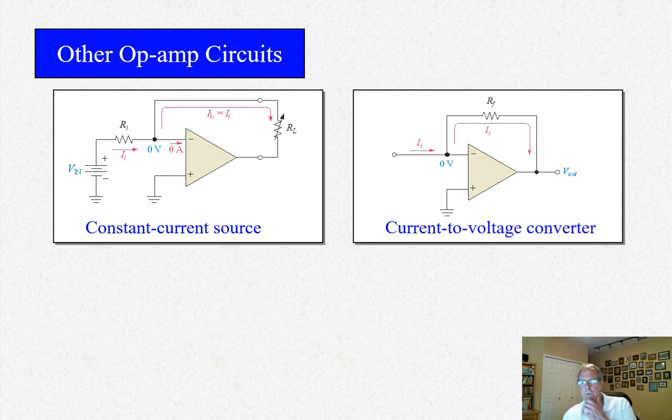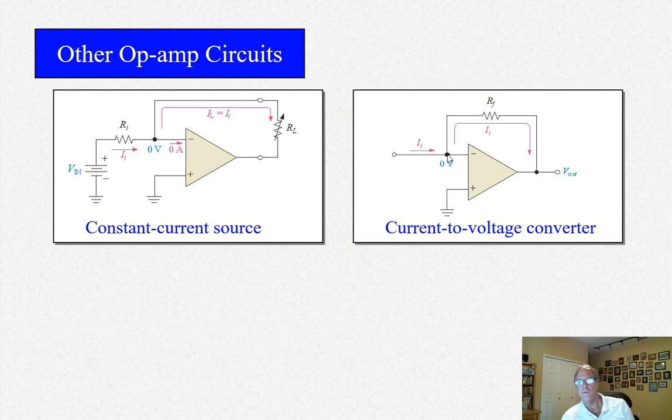Current to voltage converter. Okay, so you have a current coming in here into the input. That's 0 volts. That current goes through the feedback resistor and produces a voltage across RF. Well, this side of RF is at 0 volts, again, because of the virtual ground.